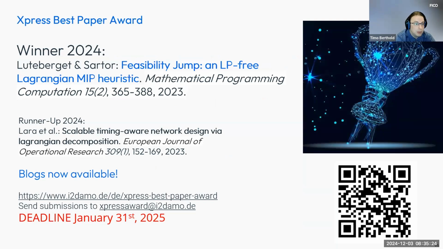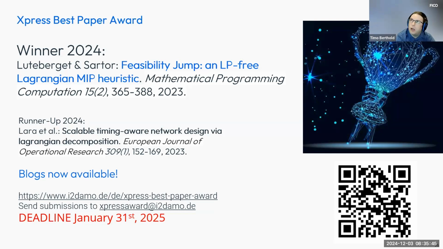At this point, I would also want to congratulate again the winners of this year's FICO Xpress Best Paper Award, Giorgio and Joanna, with their work on the feasibility jump, and we also had a very nice runner-up paper from the team at Amazon Research.